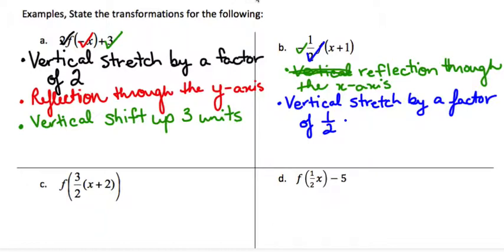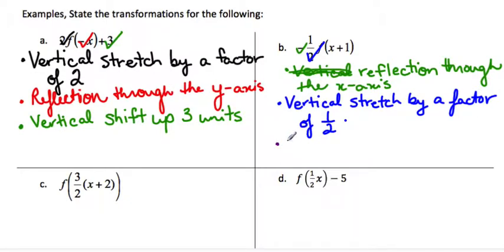Now we're going to deal with the last one, which is this plus 1 over here. Since it's inside the function, it's going to be horizontal. Now remember, horizontal transformations are usually opposite of what we think. So plus 1, we usually think right, but that means we have to go left.